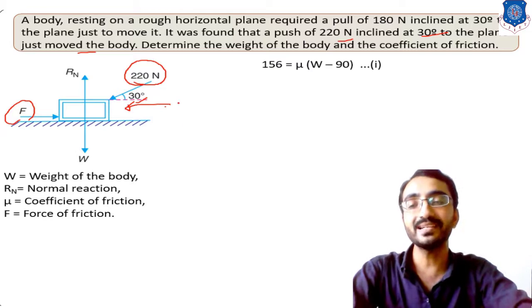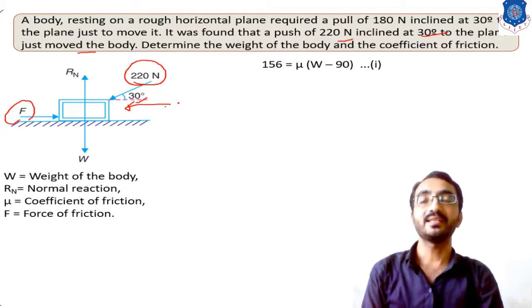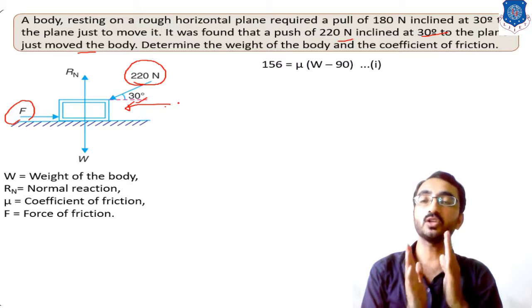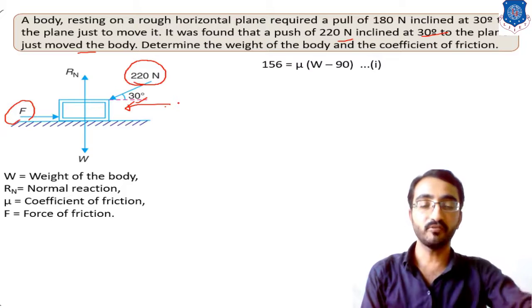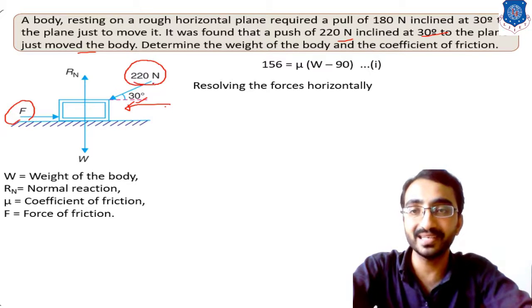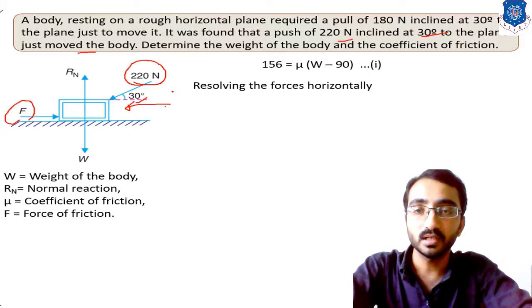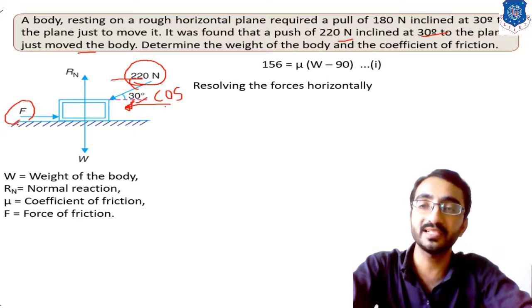Okay, so now in this condition, let's once again apply the fundamental, that is the equilibrium condition for horizontal and vertical. Okay, so first horizontal equilibrium. For horizontal equilibrium, what we can say is that the cos component of this 220 Newton force will be acting in the negative x direction, and the frictional force will be acting in the positive x direction.